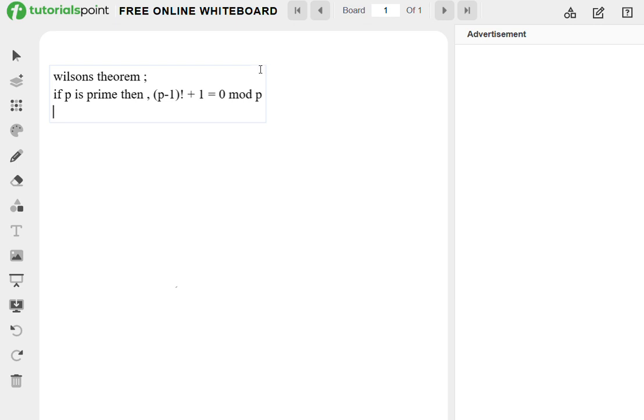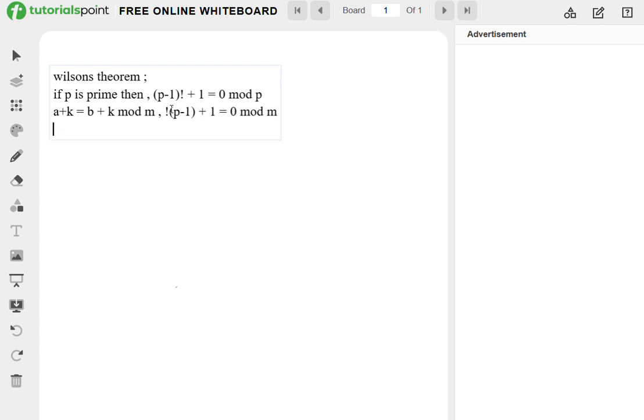We can make another theorem from Wilson's theorem, which can be derived from the property that if A is congruent to B mod M, then A plus K is congruent to B plus K mod M. Now again we can write this as p minus 1 factorial plus 1 is congruent to 0 mod p.